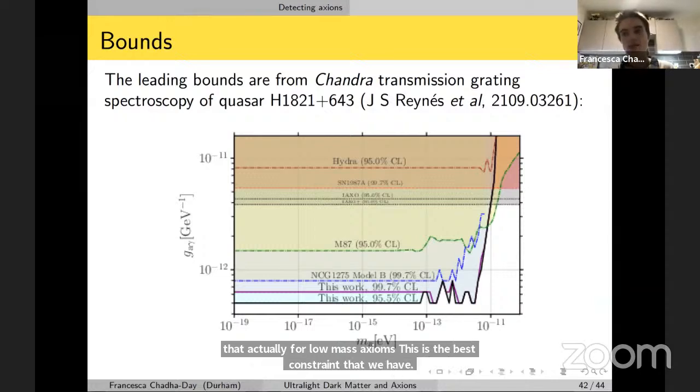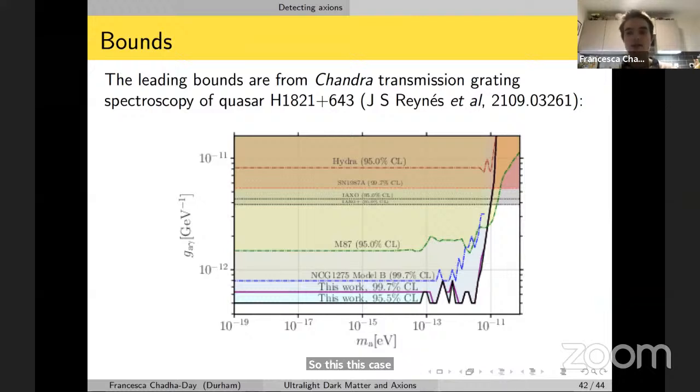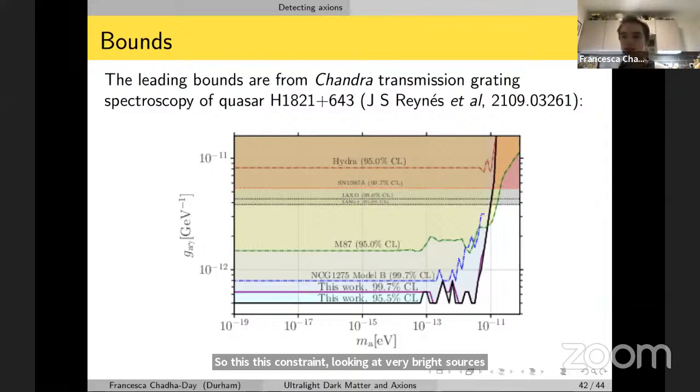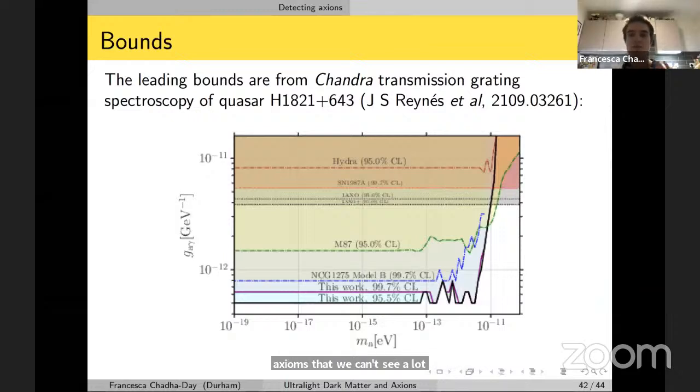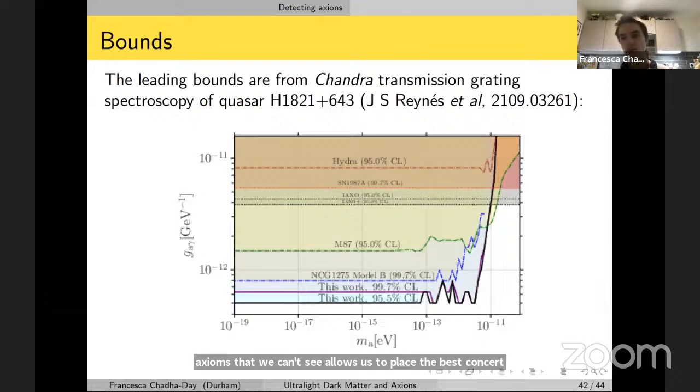So this constraint, looking at very bright sources shining through the magnetic fields of galaxy clusters, and using the fact that if axions exist, some of these photons would have turned into axions that we can't see, allows us to place the best constraints on the axion photon coupling. And of course, I don't need to tell you, we haven't found any axions yet using this method.